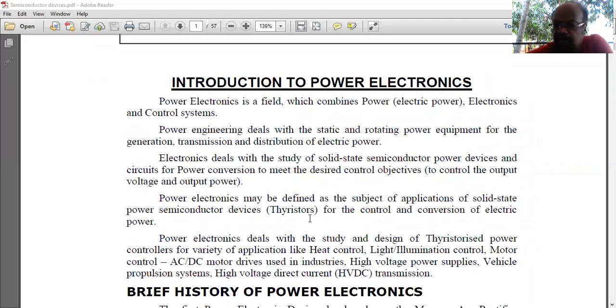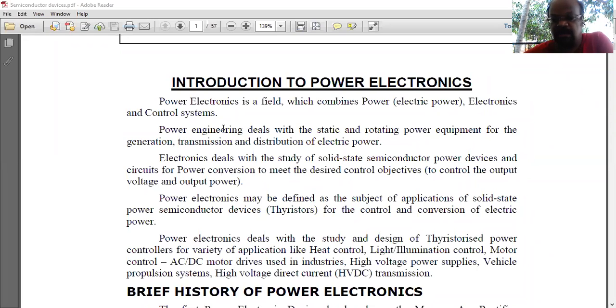And I already told you the difference between applied electronics and power electronics. Applied electronics is the field of electronics engineering that deals with the device area. Suppose you are taking any device, that device may be used for power amplification, voltage amplification, some sort of modification.